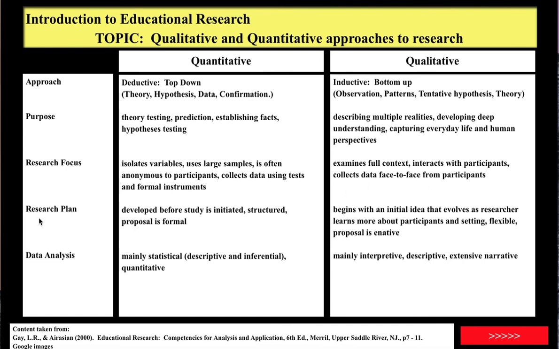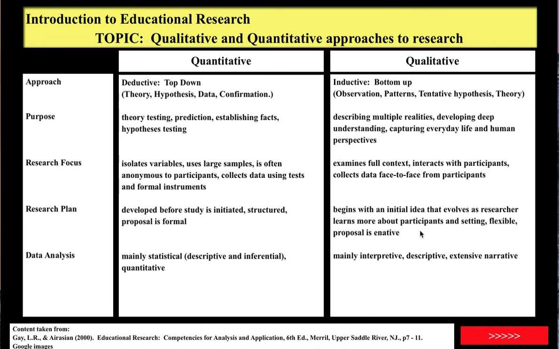The research plan, in quantitative, is developed before the study is even initiated, and it's structured and its proposal is formal. In the qualitative, it begins with an initial idea that evolves as the researcher learns more about participants and settings. And it's very flexible and changes as the researcher is collecting more data and continually analyzing it.